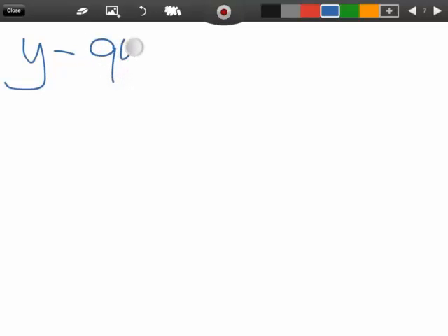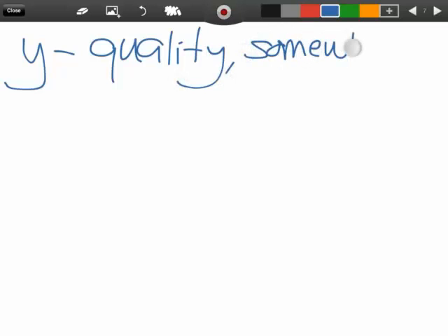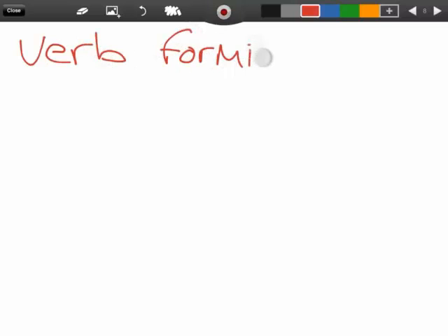It is quality or somewhat like. We just finished our adjective forming suffixes, and we are moving to our verb forming suffixes.